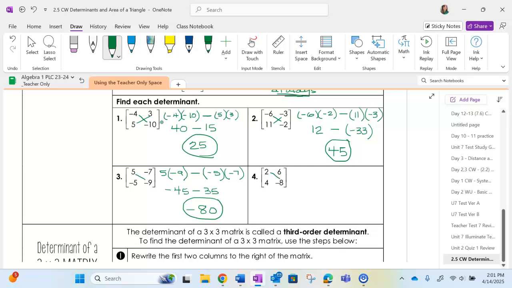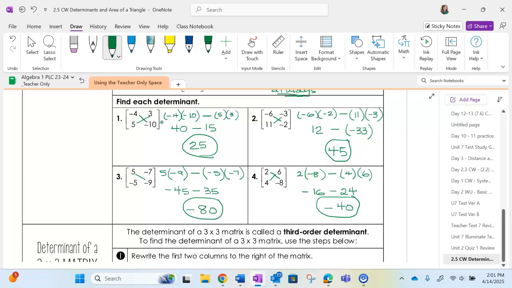Last one, 2 times -8 minus the other one, 4 times 6. So it's -16 minus 24 is -40. So determinants can be positive and negative. But when we go to use them, that's when we want to use the positive.